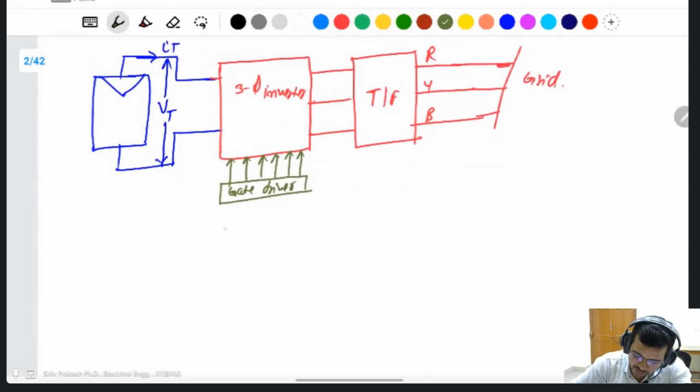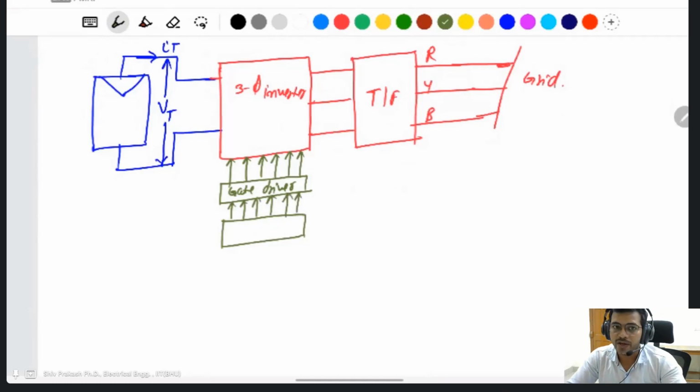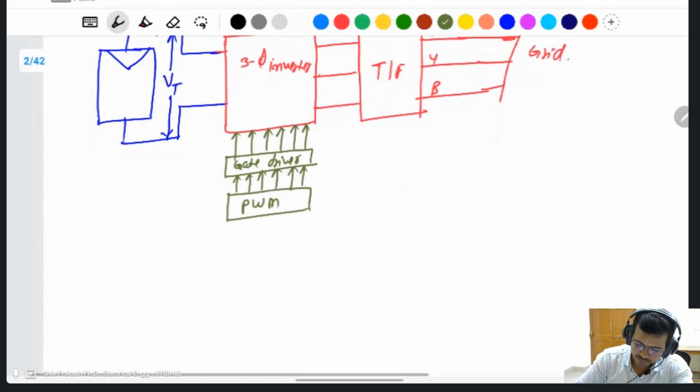If you have a single-input, single-output driver, then you require 6 pulses. For one driver, we require one pulse. This PWM will be generated by the microcontroller.